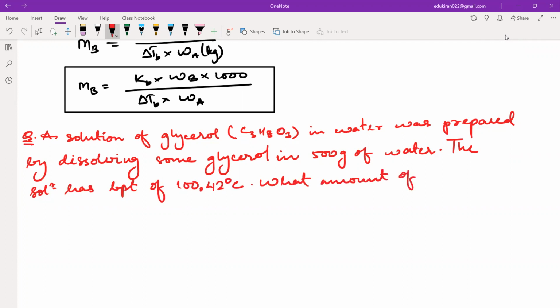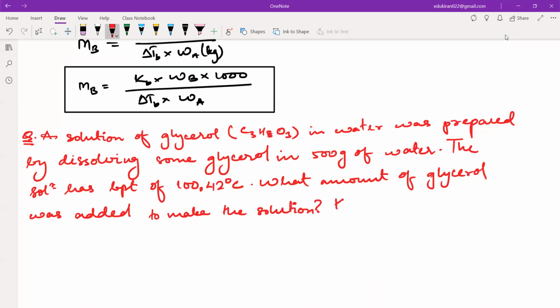What amount of glycerol was added to make this solution? Has been given Kb for H2O is equal to 0.52 Kelvin kg per mole.